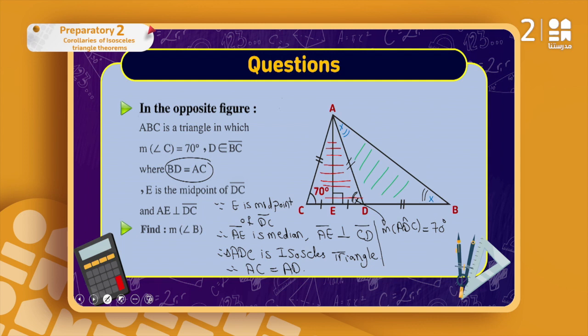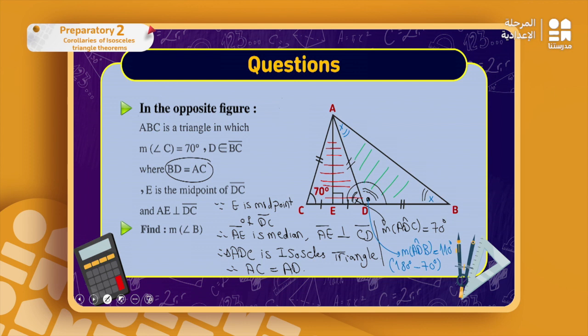So the exterior angle here, this is a straight angle, so the summation of these two angles equals 180. So I can find angle ADB, measure of angle ADB equals 110. How? 180 minus 70, because this one was 70, so this is 110.